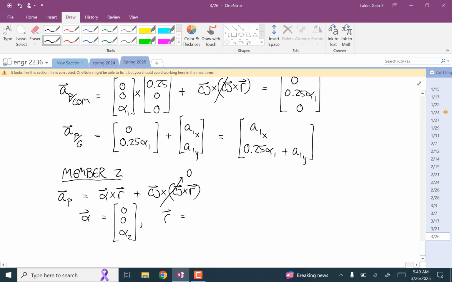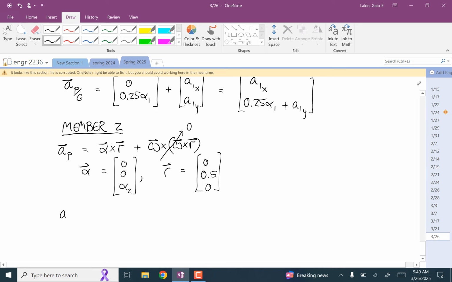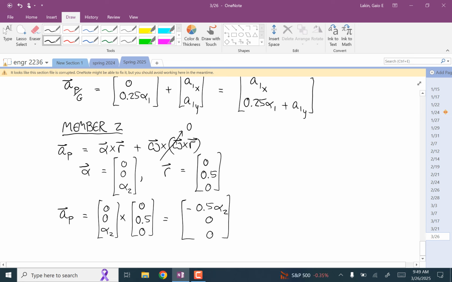The r vector is 0.5, 0, 0. So AP says 0, 0, alpha 2 crossed with 0.5, 0, 0 is equal to negative 0.5 alpha 2, 0, 0. And I'll leave off the z.